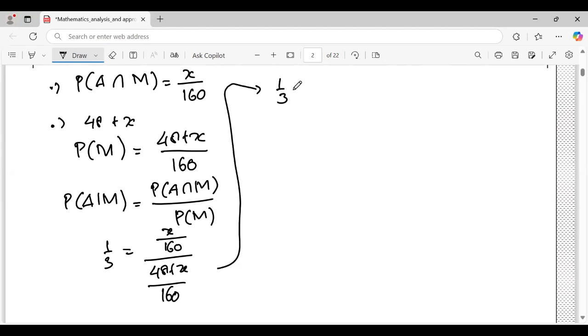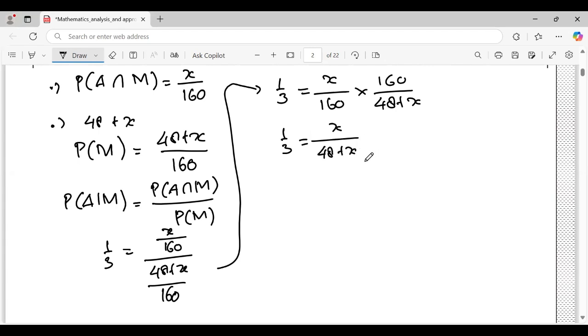So 1/3 equals x over 160 multiplied by 160 over 48 plus x, so 1/3 equals x over 48 plus x.